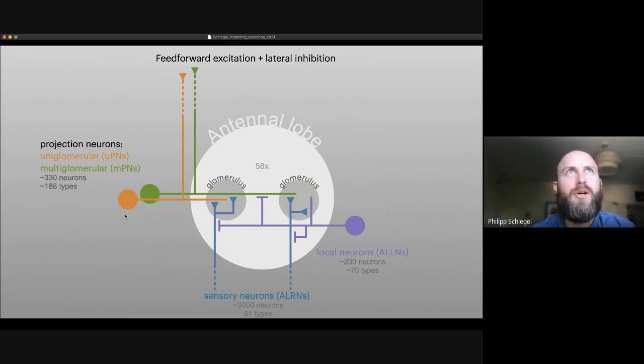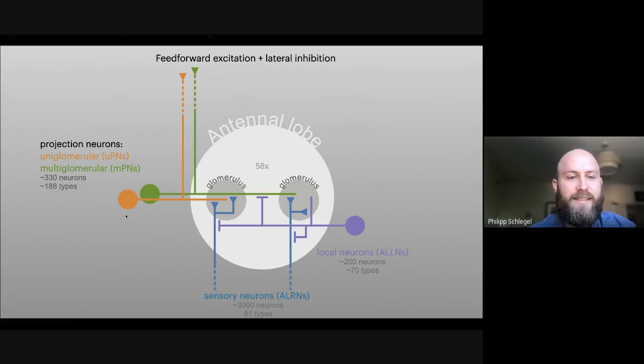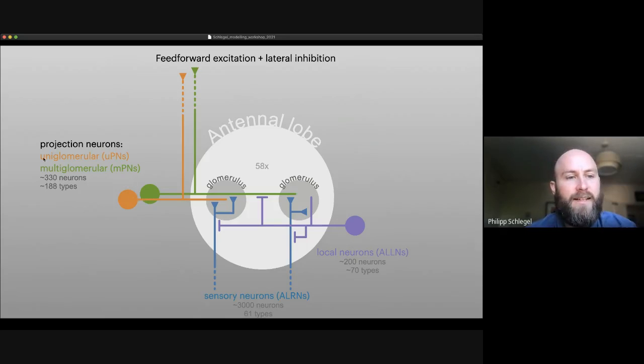They're analogous to mitral and tufted cells in mammals, and they come in, broadly speaking, 2 flavors. One is these uniglomerular projection neurons, because they sample only from one glomerulus. And typically, every glomerulus has one or up to 2 types of these uniglomerular projection neurons. And then there's a second type of projection neurons that sample from anything between 2 up to all of the glomeruli.